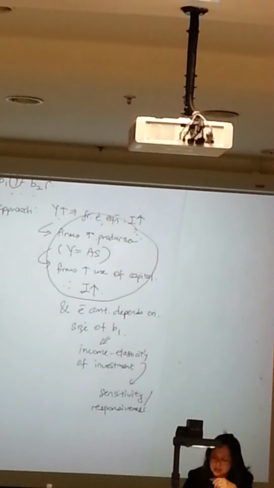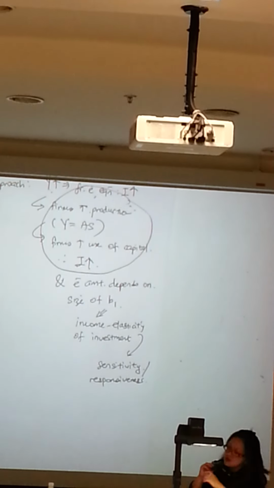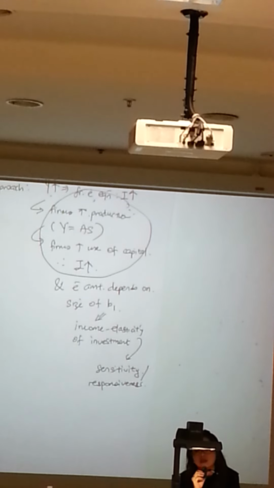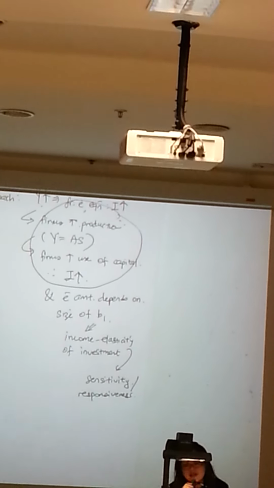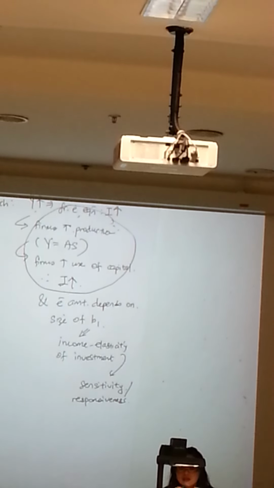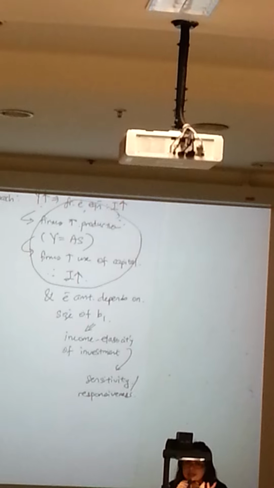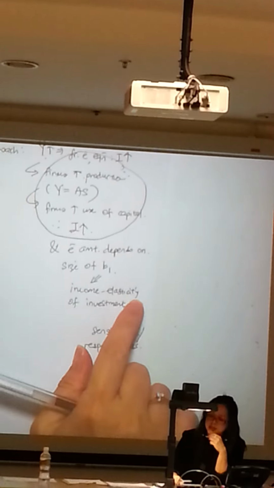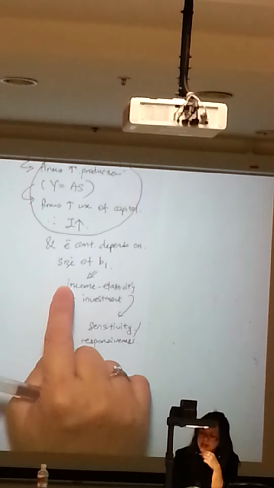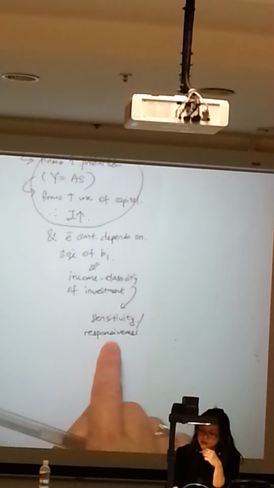Okay, use whichever term you find yourself can relate to. Alright, so it's not that income increases, investment goes up, right? It depends on how much firms depend on income as an indicator. So how much they react, you call it income elasticity, or income sensitivity, or income responsiveness.